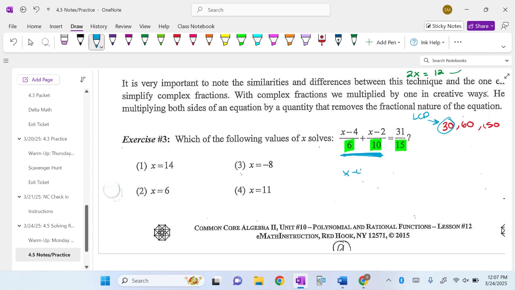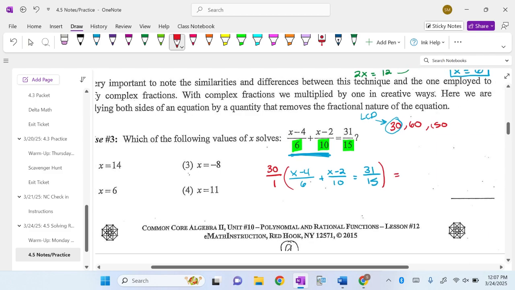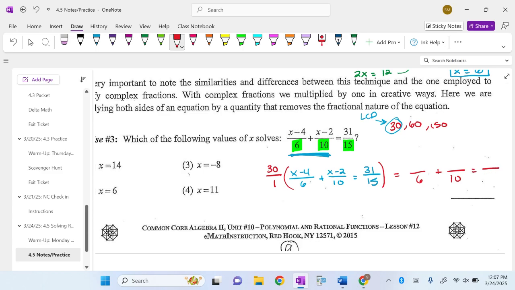So I'm going to take this equation and just rewrite it, and I'm going to multiply everything by 30 over 1. Your denominators are going to stay where they are. So 6, 10 equals something over 15.